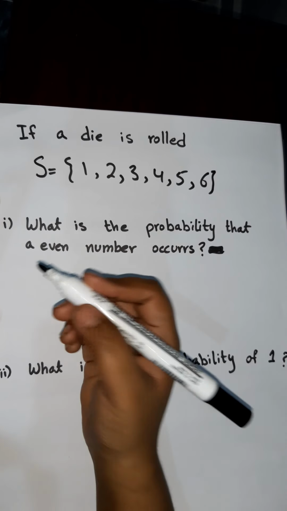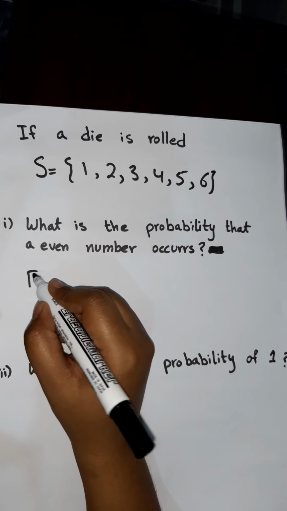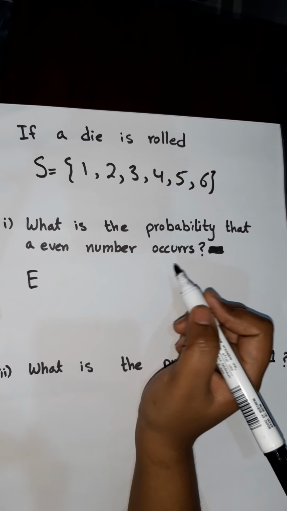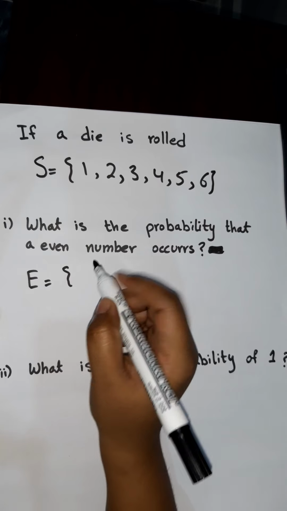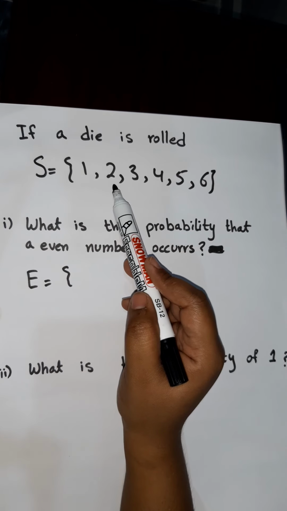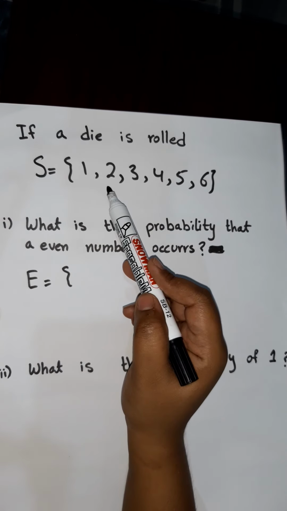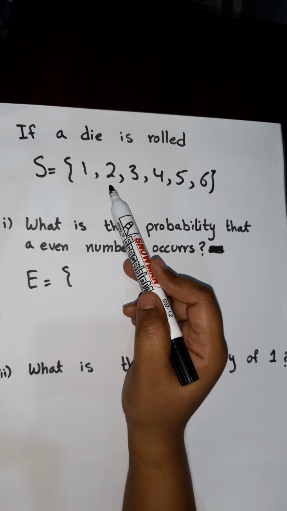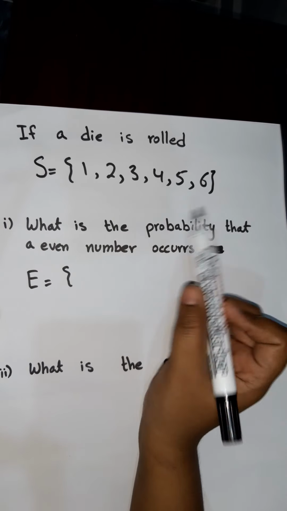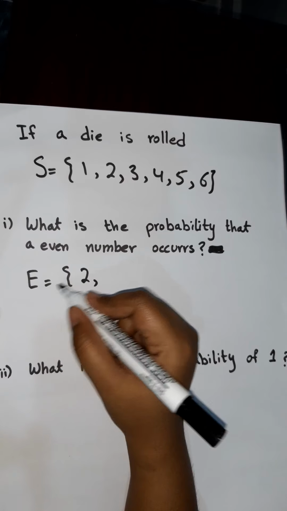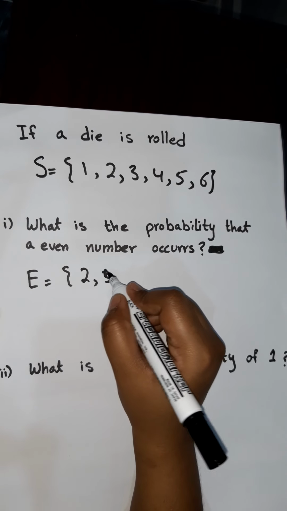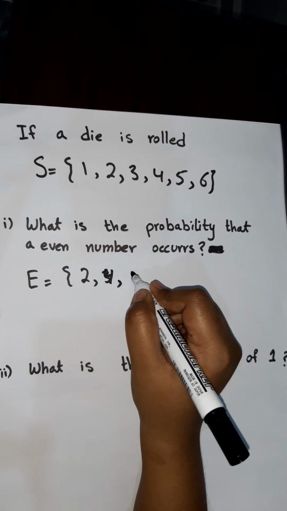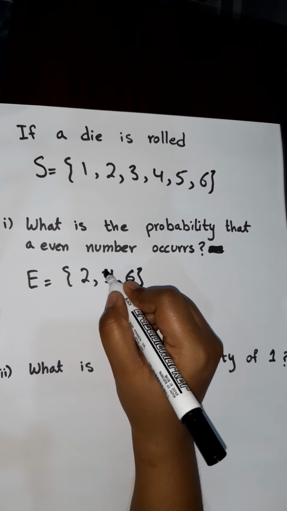Here we can say that E is the event which shows the even number. So from this sample space, what are the possible even numbers? 2, 4 and 6. So our event E will contain 2, 4 and 6.